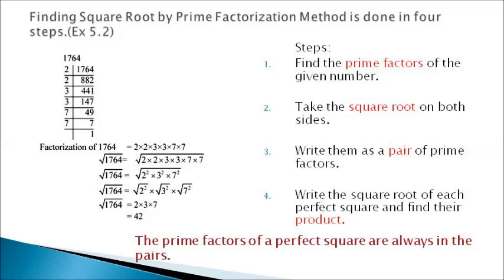That is, the square root of 2 square will be written as 2, the square root of 3 square will be written as 3 and the square root of 7 square will be written as 7. In the last step, we are going to find the product of these 3 numbers, that is 2 multiplied by 3 multiplied by 7 and we get 42, which is the square root of the given number.